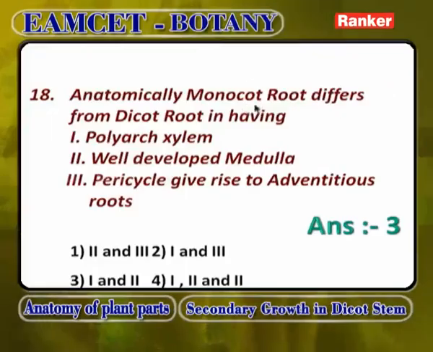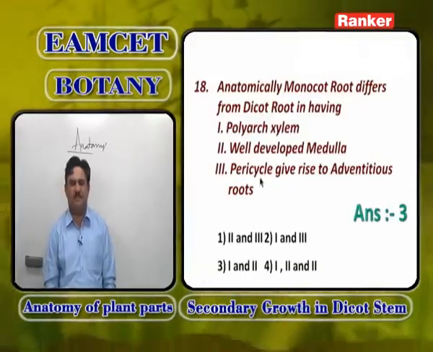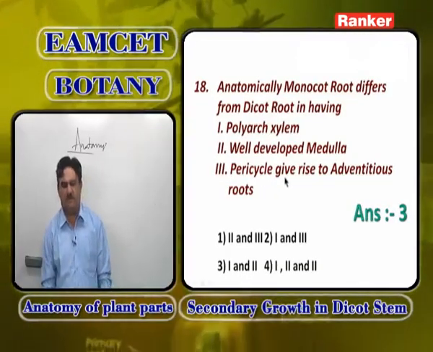Anatomically, monocot root differs from dicot root in having... That means the basic difference between monocot root and dicot root. Protoxylem, polyarch xylem, correct. Well developed medulla, correct. Pericycle gives rise to adventitious roots: pericycle does not give rise to adventitious root either in dicot root or in monocot root.